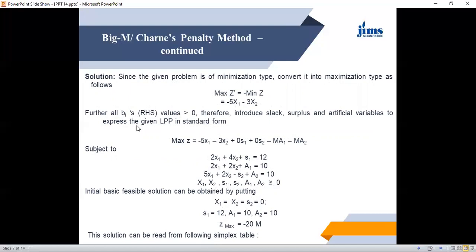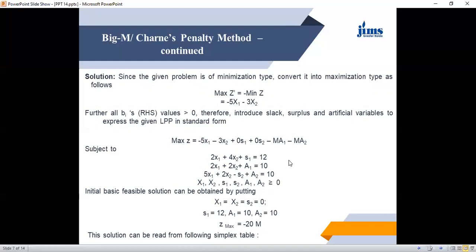And then the objective function becomes maximize z prime = -5x1 - 3x2 + 0s1 + 0s2, because slack and surplus variables have 0 contribution. And then it is a problem of maximization, so we write -MA1 - MA2, because I told you that in a maximization problem we give a big penalty so that if A1 or A2 appears, this problem cannot be solved, because the minus value will be so great that you can never get profit.